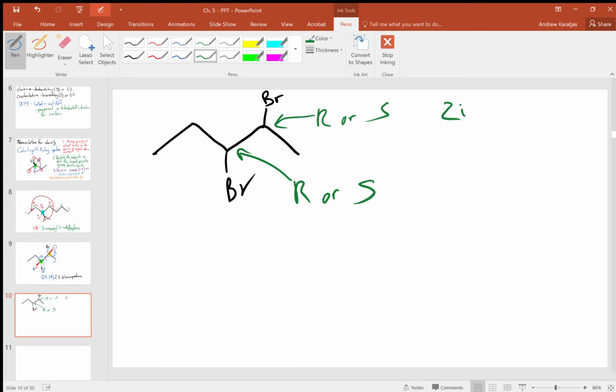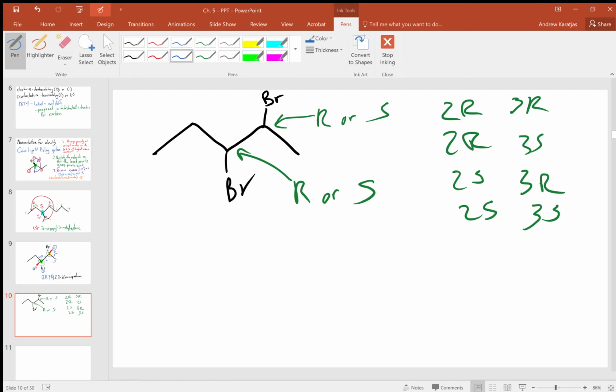And so we could have 2R, 3R, 2R, 3S, 2S, 3R, and 2S, 3S. So with two chiral centers, there's 4 possible isomers.